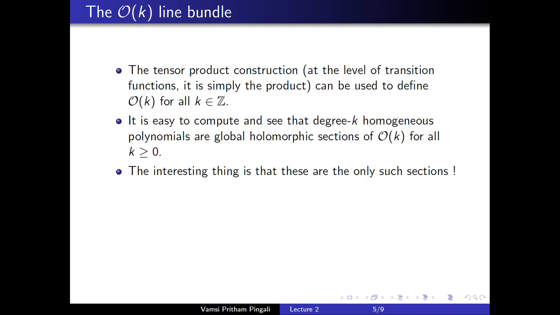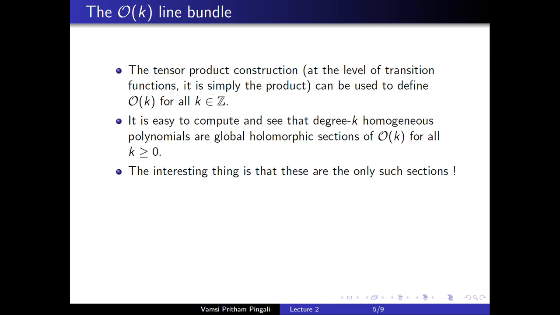The OK line bundle over CPN, this space of holomorphic sections of this bundle, is finite dimensional. This phenomenon is spectacularly false for smooth line bundles. You take any smooth vector bundle or line bundle over a smooth manifold, its space of sections is infinite dimensional, whereas holomorphic sections of holomorphic line bundles over compact complex manifolds, that space is finite dimensional.